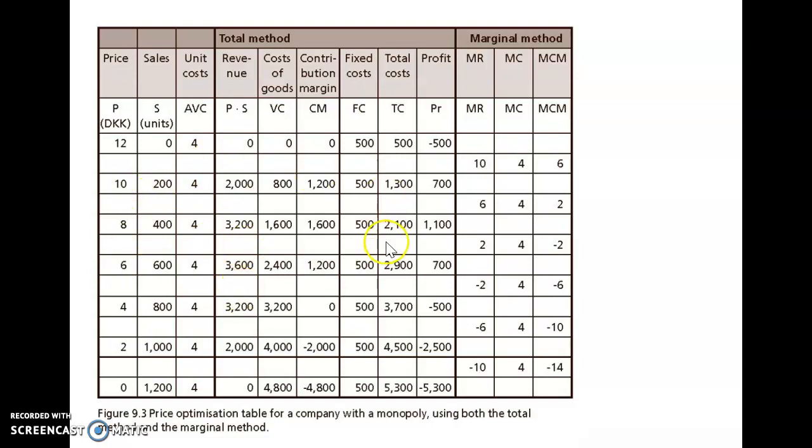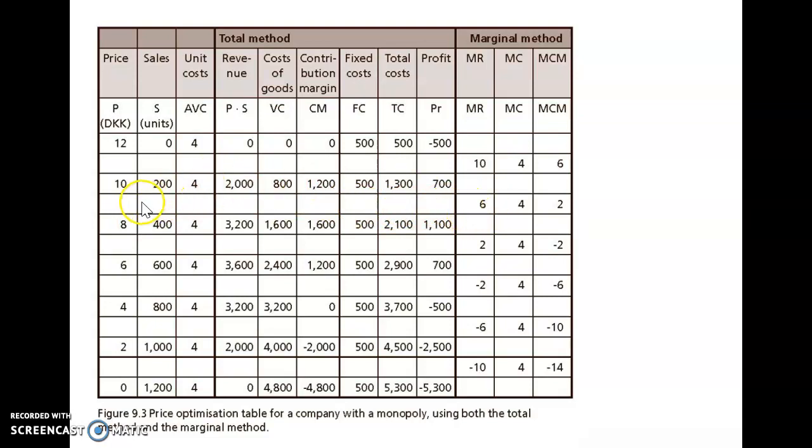One thing that you have to realize, the marginal revenue is smaller than the price. Somehow you could think, how come that if I increase my sales from 200 to 400 by decreasing price from 10 to 8, my extra revenue per unit is only 6?